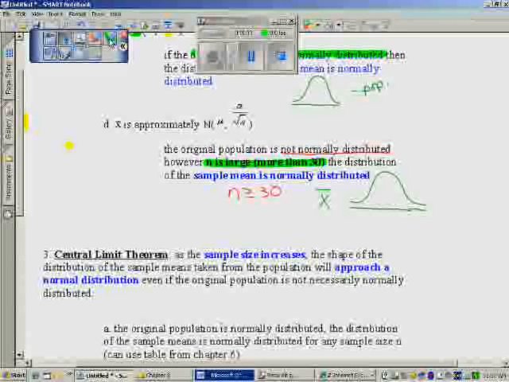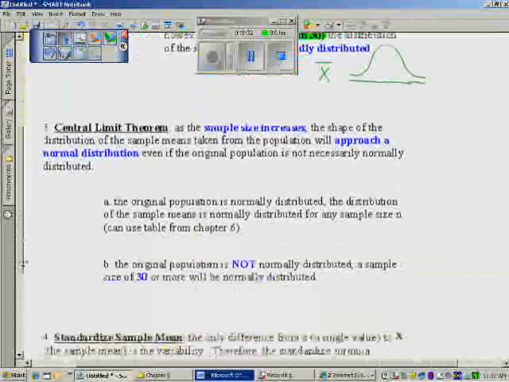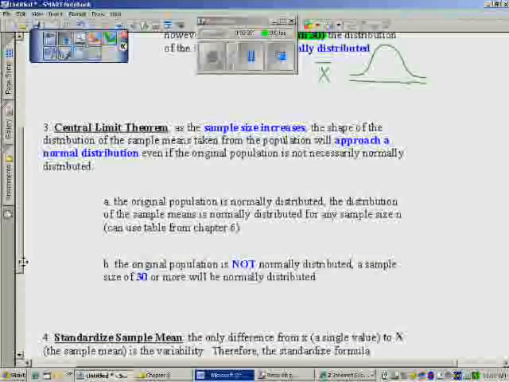And that's really important because we want to make decisions about our population. We now have a pattern, so we can now use a table in Chapter 6 to help us make those decisions because of the pattern that these sampling distributions follow. Now, there's a thing called the central limit theorem, and that's just what we described above.